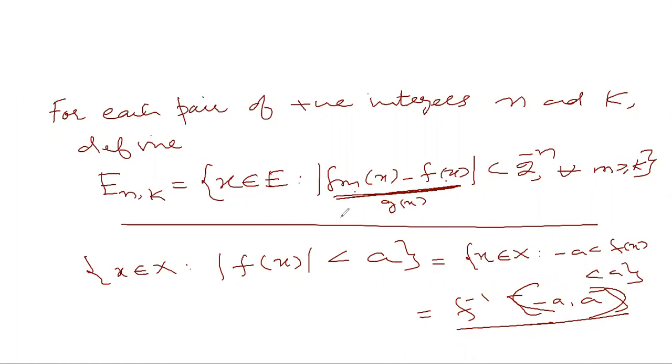And here fm(x) minus f(x) is a measurable function, therefore the set where the modulus of fm(x) minus f(x) is less than 2 to the power minus n is measurable for each n. Which means that E_{n,k} is measurable for each n and k.